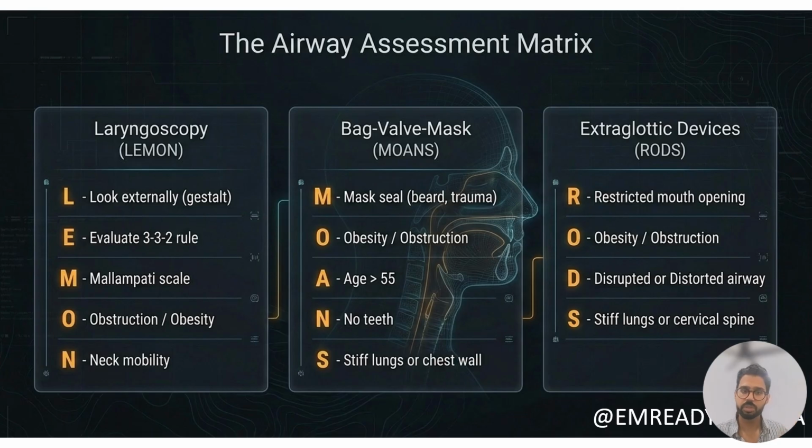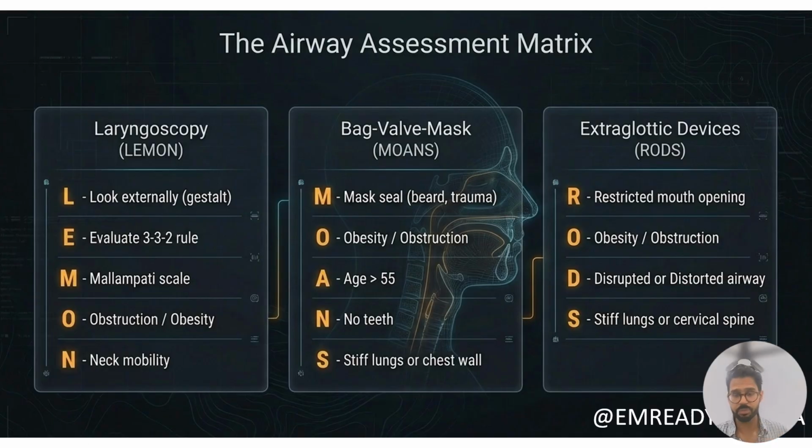When we're talking about laryngoscopy, which is your standard regular intubation, we're going to look at LEMON. So what do we do to assess the airway? We look externally. This is the clinician's gestalt feeling of whether there are any external factors that are going to have an impact on the airway. Then we evaluate the 3-3-2 rule.